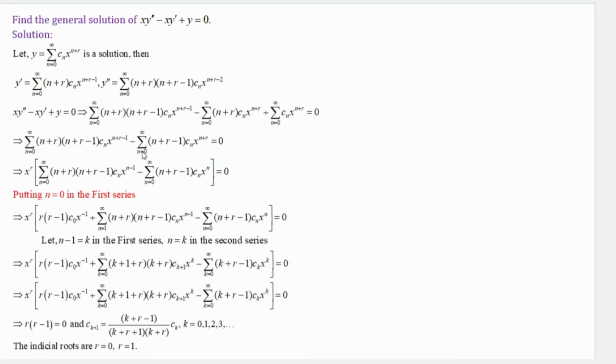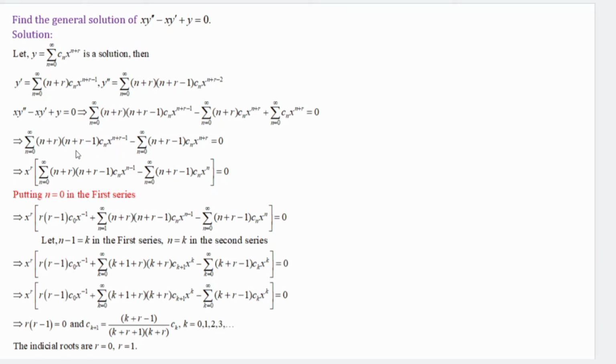So now we can see here in this series, when we put n equal to 0, then this one becomes x power r minus 1. So we can take out x power r outside, then we get only x power minus 1 here. That means when the power becomes negative, we have to take out that term from the series.